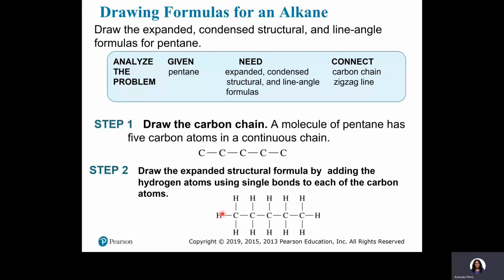Here I have added 3 hydrogen atoms for the end carbons, and 2 hydrogen atoms have been added to the middle carbons of this chain. If you count the single bonds on one carbon atom, there should be 4 single bonds for each carbon in this pentane molecule. And this is the expanded structural formula for the pentane molecule.